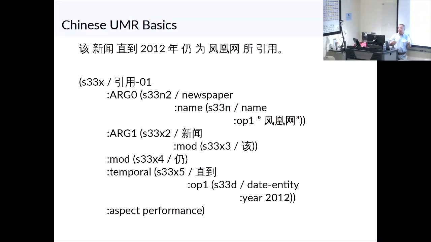That's the key thing. If there is a named entity, you classify it the same way as for English. If there's a date, you can do the same as for English. All these relations are the same, all these attributes are the same, but there are some concepts that are specific to the language.